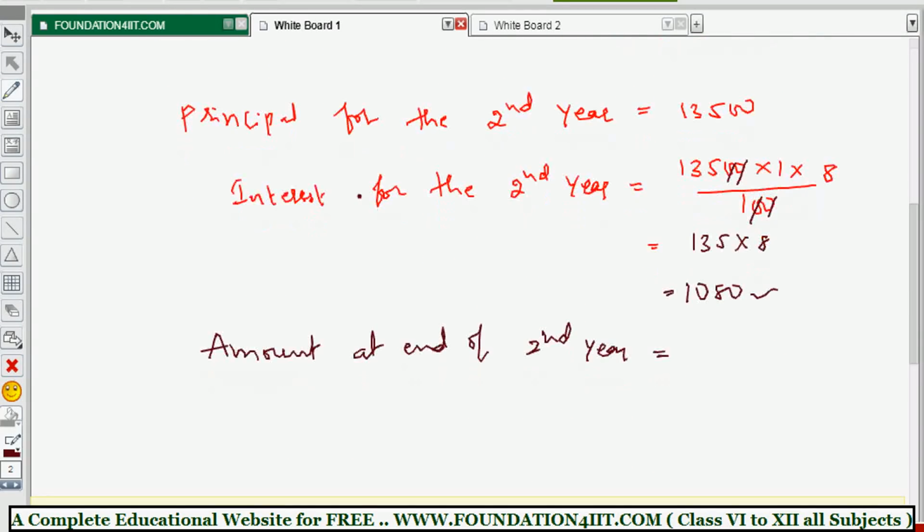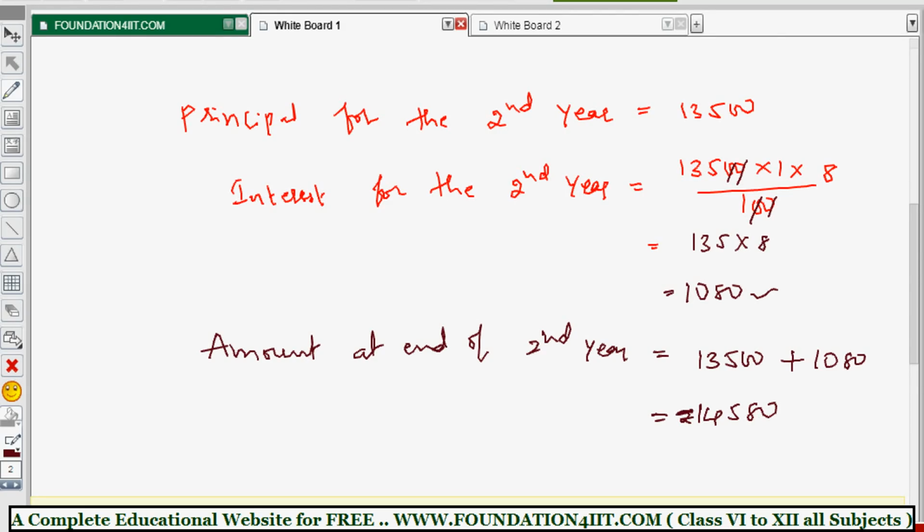That is the amount at the end of the second year. 13,500 plus 1080 is 14,580. Now this is the amount at the end of the second year, right?